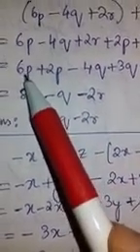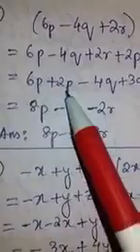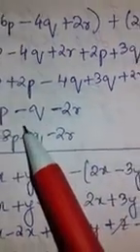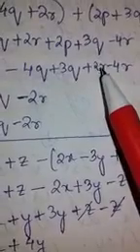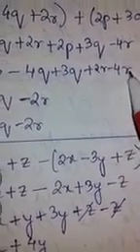In the next line you are going to arrange the like terms together. So 6p plus 2p means 8p, minus 4q plus 3q means only minus q, and 2r minus 4r. Think that you are subtracting 4 from 2. So you will get minus 2r. So finally you are getting the answer as 8p minus q minus 2r.